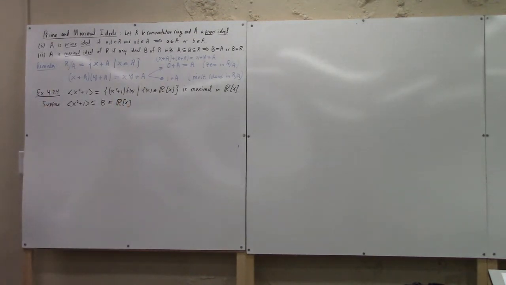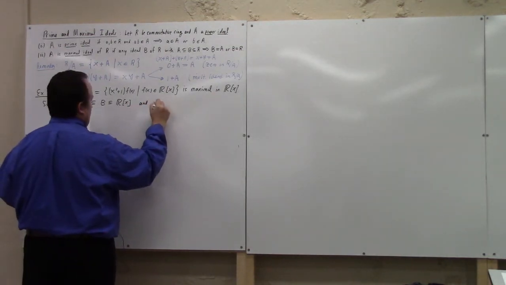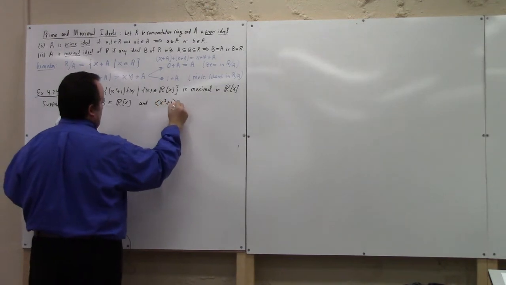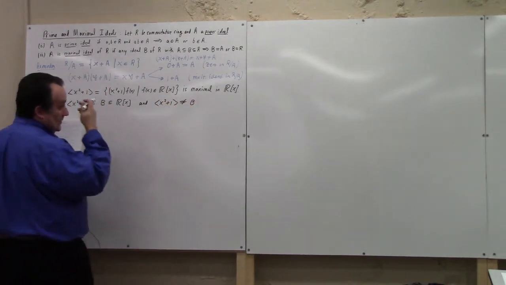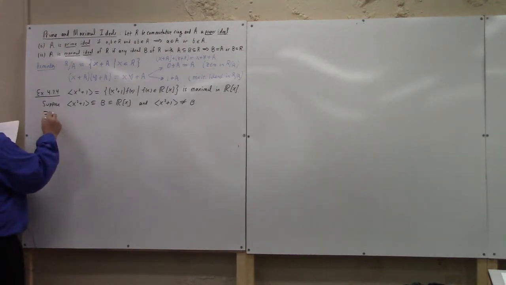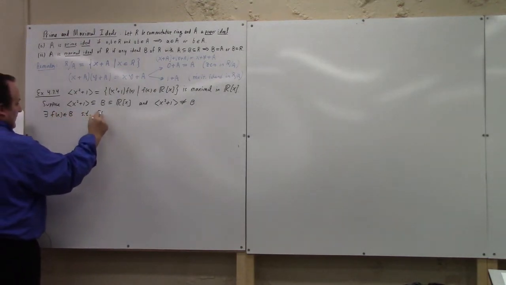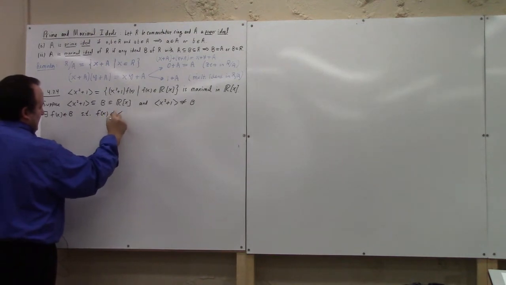Anyway, suppose that, and we'll assume that the ideal generated by x squared plus 1 is not equal to B. So what does that mean? That means that there exists f of x in B such that f of x is not an element of the ideal generated by x squared plus 1.